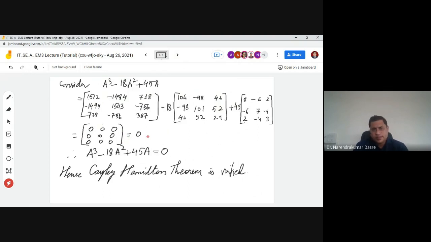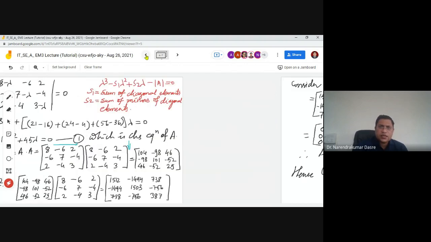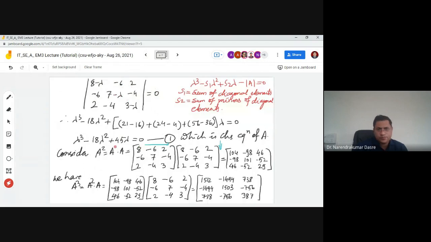This 0 represents the zero matrix, and hence this polynomial equals the zero matrix. So what we proved is that this equation is exactly the same as the characteristic equation that we have considered here.